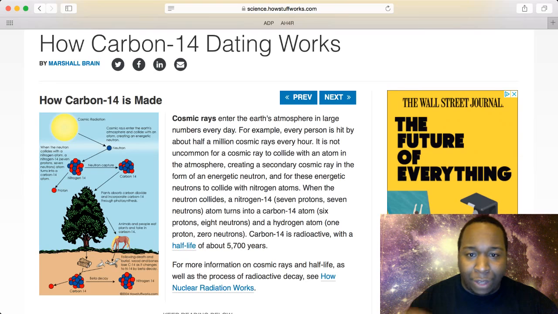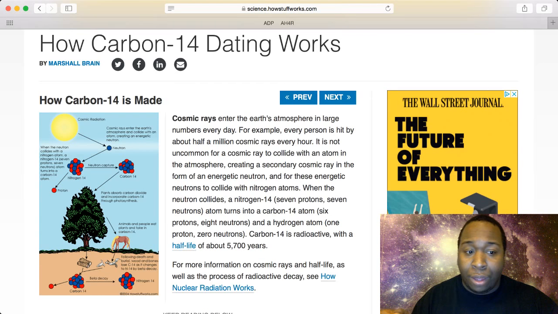Well, not specifically by the cosmic ray itself, but it's a product of the interaction between a cosmic ray and one of the atoms in our atmosphere, producing a high moving neutron, and then this neutron ends up colliding into one of the many nitrogen 14 atoms in our atmosphere. In fact, if I'm not mistaken, nitrogen is the most abundant substance in our atmosphere.